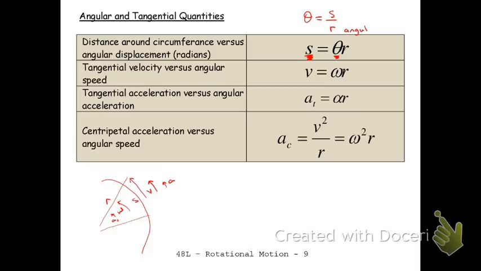A-N-G-U-L-A-R, angle, A-N-G-L-E. And notice there's an R on the end of the angular. How do you spell linear?